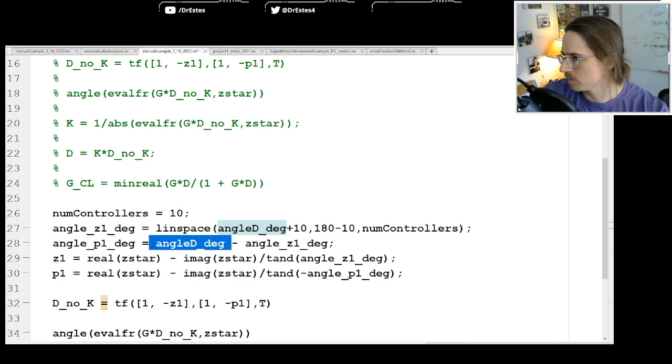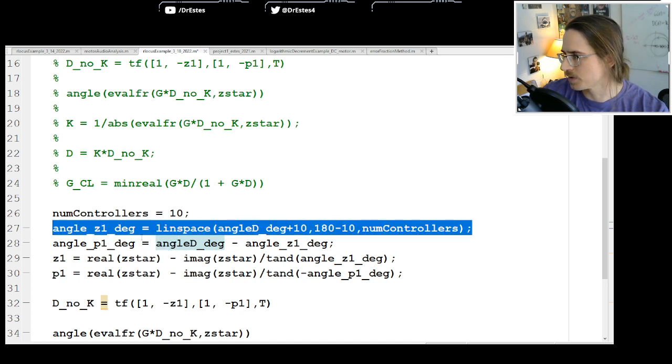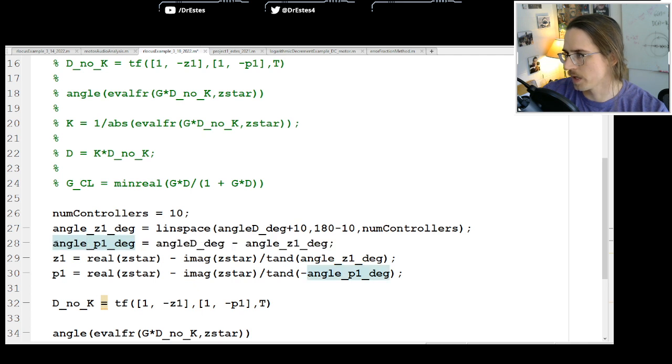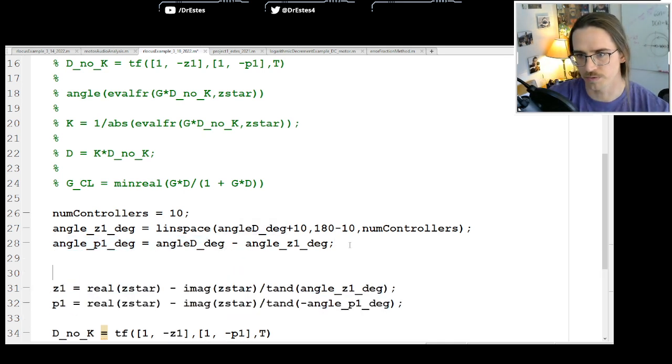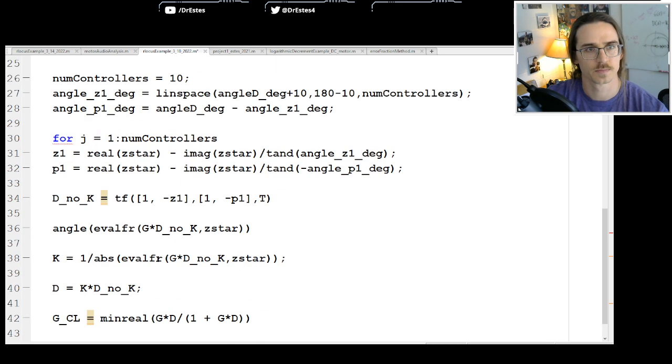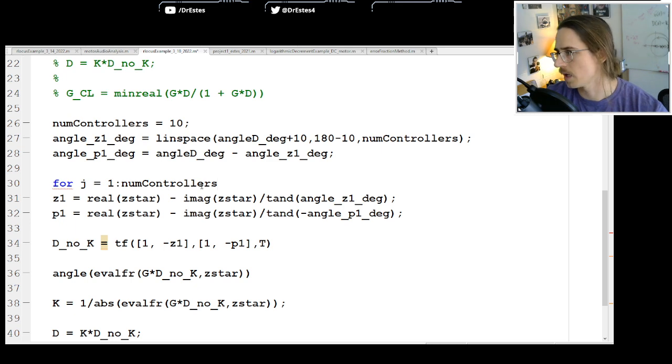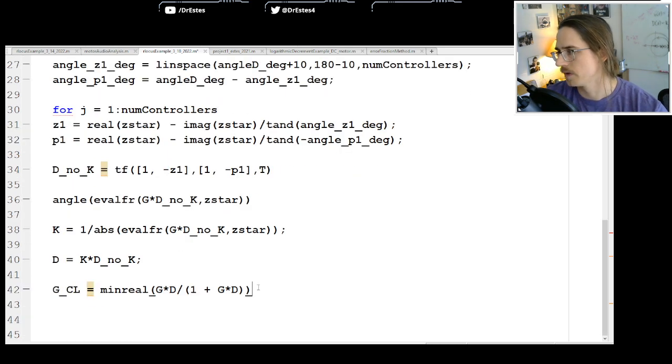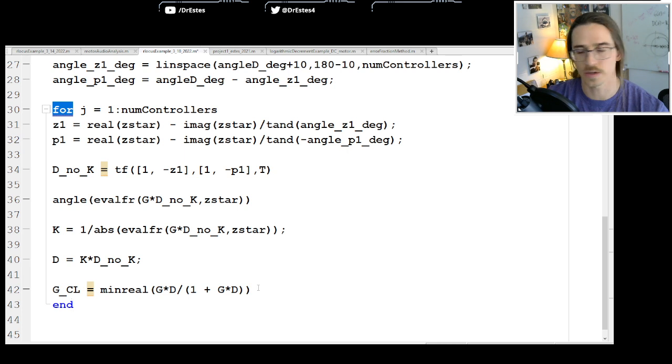Okay. So this is going to be a vector of 10. This will create 10 possible poles. And here's where I'm going to do a for loop right after that. So I'm going to say, for j equals 1 to the number of controllers, and then I'm going to put an end down here.